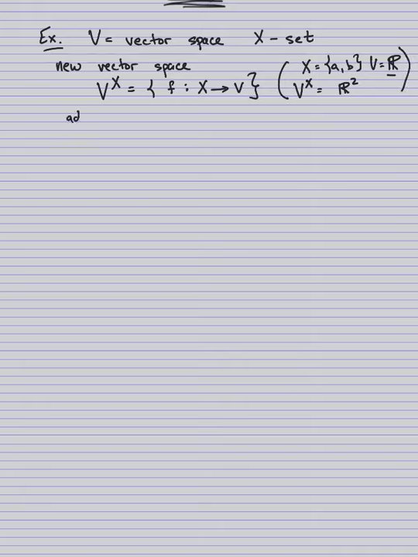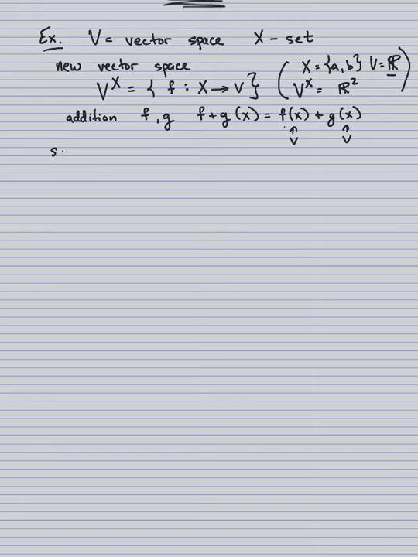And define addition, well, you know what to do now. If I take f and g, two functions, the way that you add them is you know how to add f of x and g of x, since these are vectors. So the way that you define (f plus g) of x is just f of x plus g of x. These are both in V, so I know how to add them together.